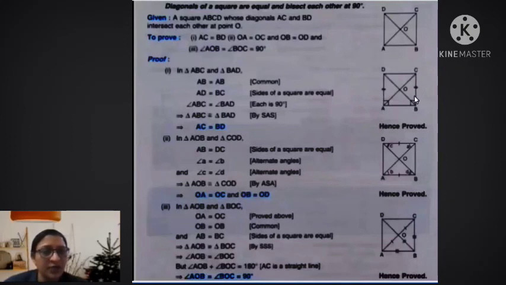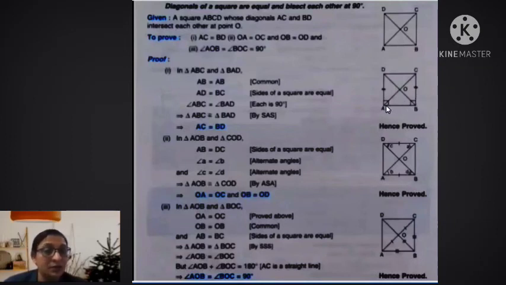Side AD equal to side BC, which are the equal sides of the square. Angle ABC and angle BAD are equal and 90 degree, since they are the angles of square. So the two triangles are congruent is proved by side angle side test.